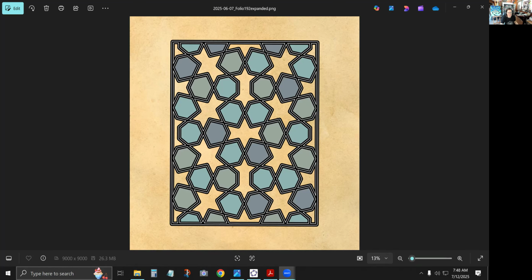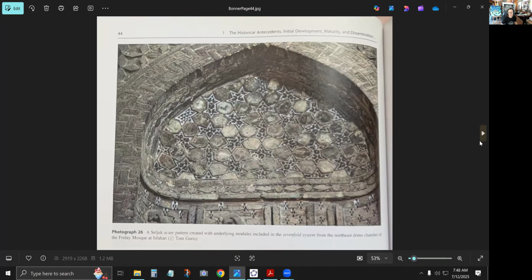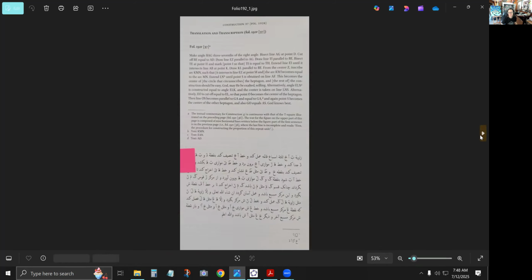Alright, hey everybody. So today we're going to be constructing this pattern from the Jameh mosque in Isfahan, Iran, following the constructions laid out in the Anonymous Persian Compendium. So this is what the pattern looks like that we're going to construct. Here's the pattern out in the real world, in the mosque.